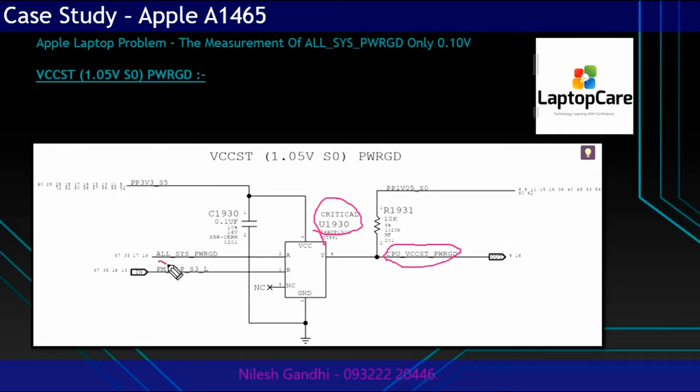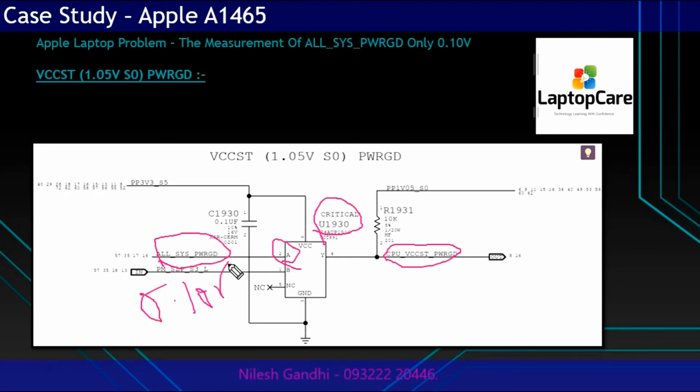The all_sys_power_good at pin number 2 of U1930 was showing only 0.10 volt, which is very low, and this indicates that all_sys_pg is not at the required level.